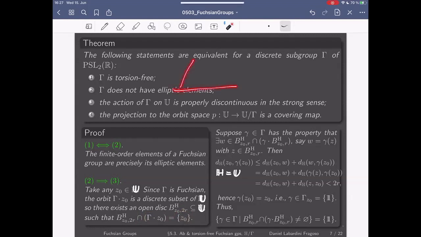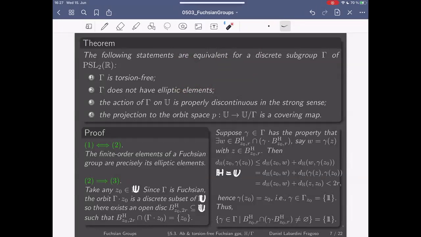So the point is sent by Gamma around the upper half plane, and you pick a small open neighborhood of that point which does not intersect any of the other orbit points.